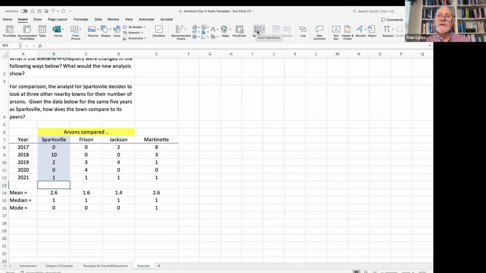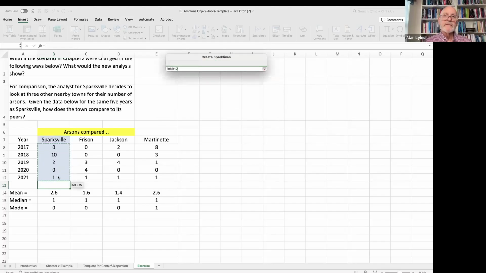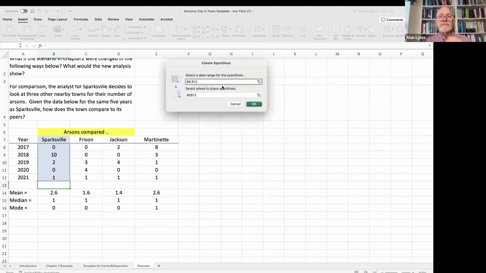Okay, so this is also a line. So select a range for the Sparklines. Well, the range is going to be the range of our data. Okay? Sparklines are also called data words. You'll see why.